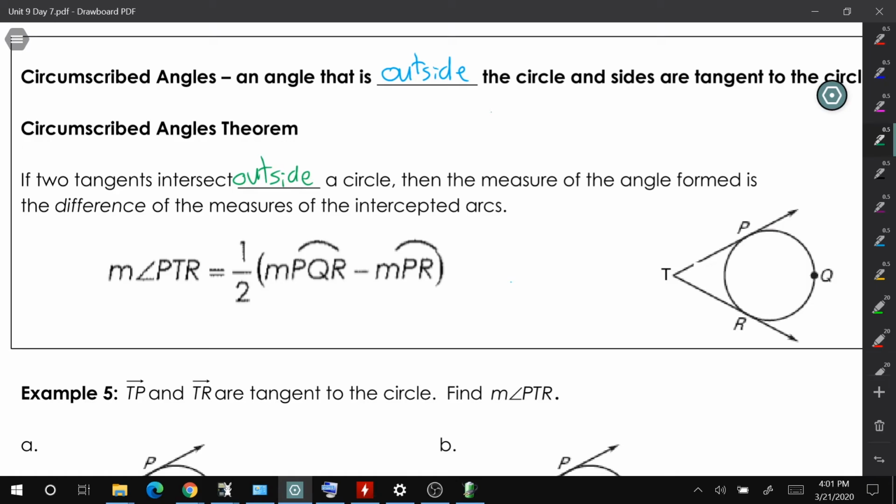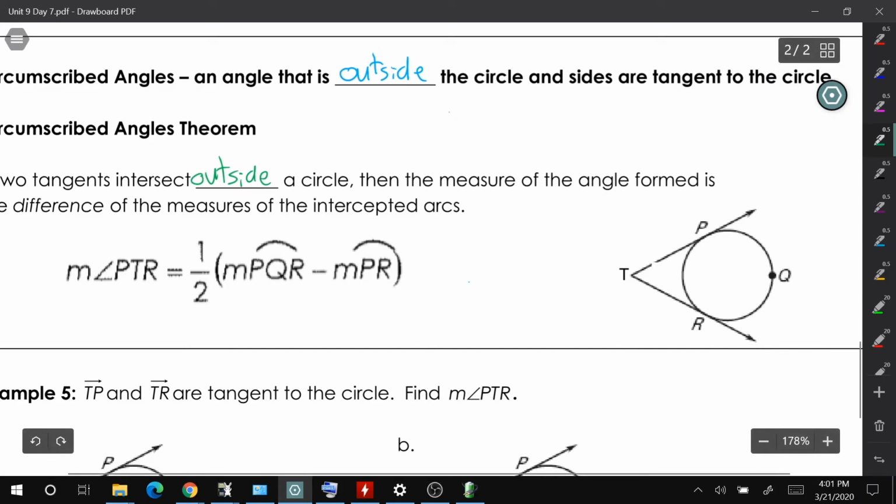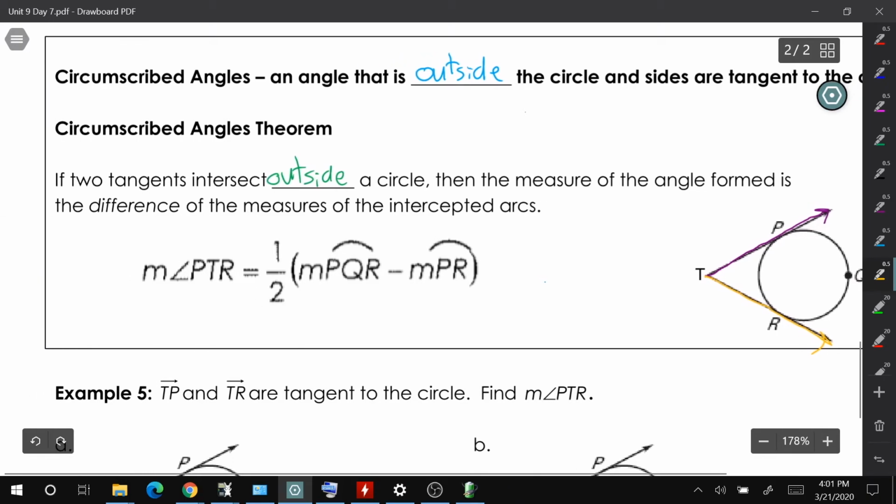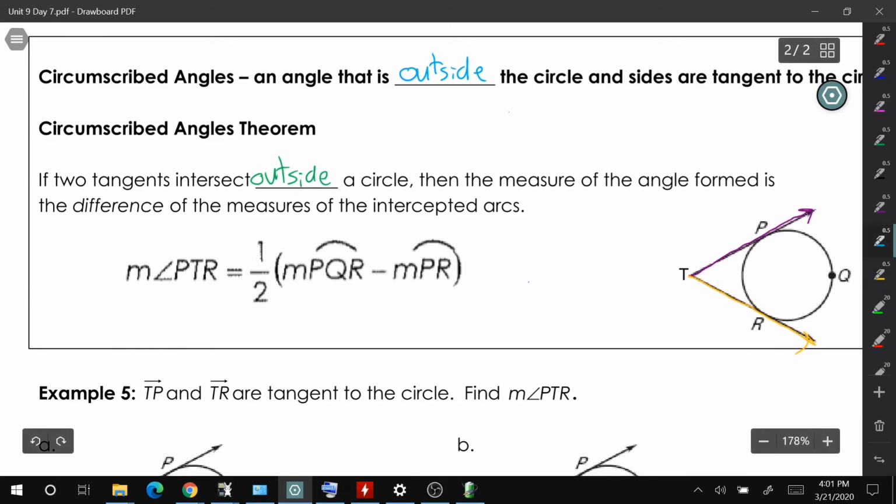Alright, the last thing we're going to talk about are circumscribed angles. You know, an inscribed angle, the angle was inside the circle. A circumscribed angle, the angle is outside. So it's an angle that's outside the circle formed by two tangent lines. So we have TP as a tangent line and TR as a tangent line. So the theorem says that if I have two tangents that intersect outside the circle, then the measure of the angle formed is the difference between the measures of the intercepted arcs.